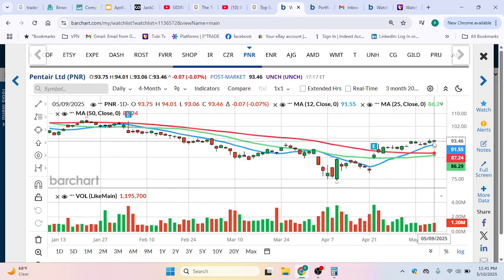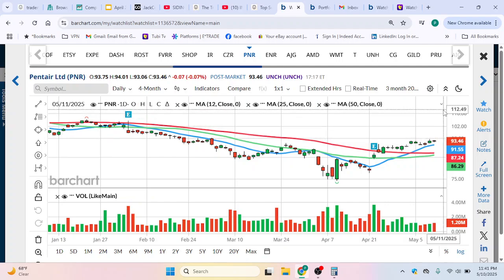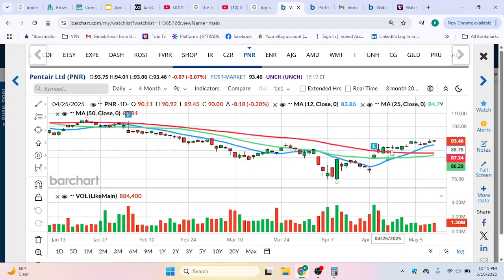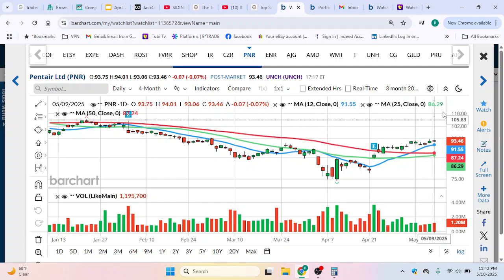I could take less than 2% risk and take an educated, calculated risk that this is going to continue to move up after this earnings information came out, okay? With a fairly low risk entry, with a fairly high probability of this stock moving up.